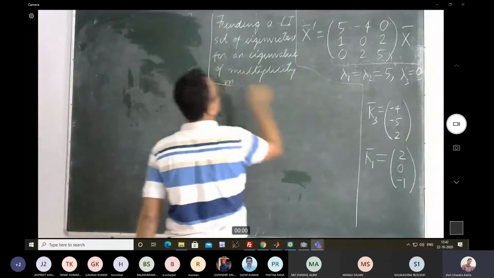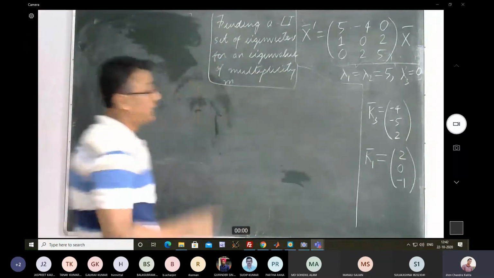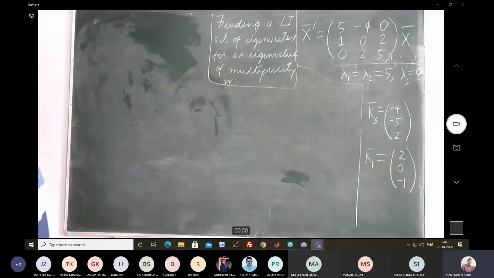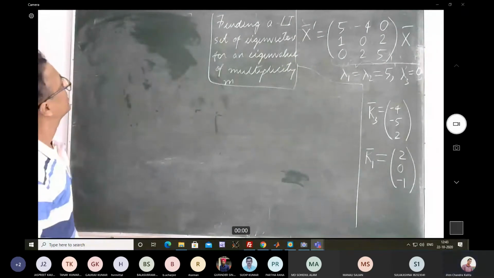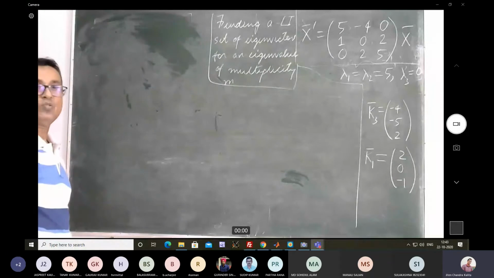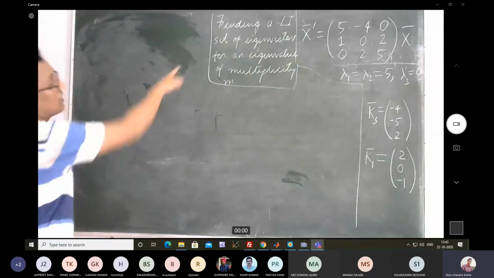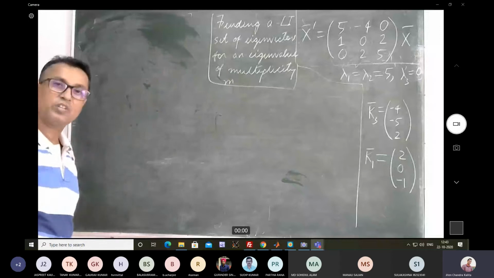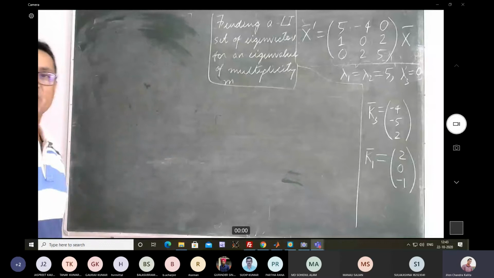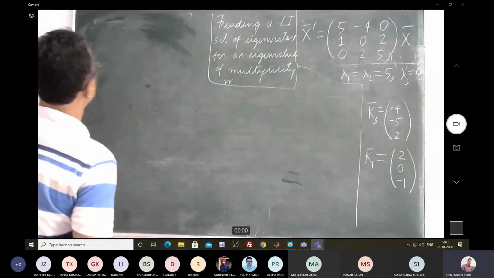Okay, so this is what we are going to do. And again, this situation is when you can find only one eigenvector corresponding to the eigenvalue of multiplicity m. Okay, fine.